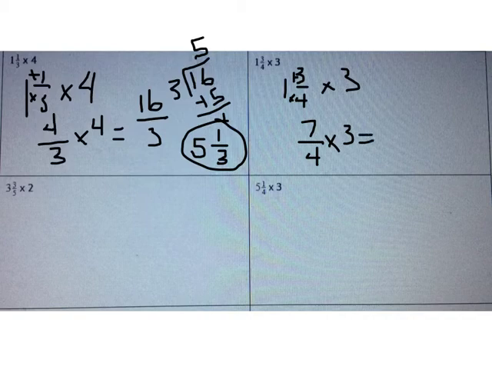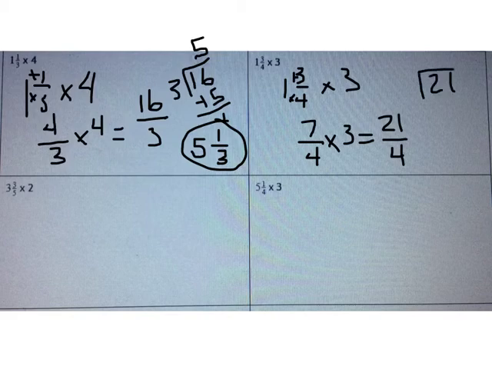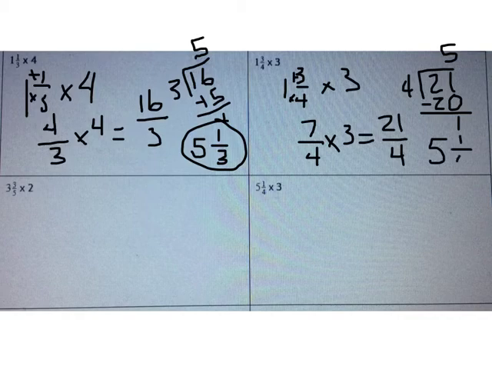Well, 7 times 3 is 21, and my denominator stays 4. Now I can divide to write a mixed number. What's 21 over 4 written as a mixed number? Well, 4 goes into 21 5 times. 5 times 4 is 20, with 1 left over. So the answer is 5 and 1/4.